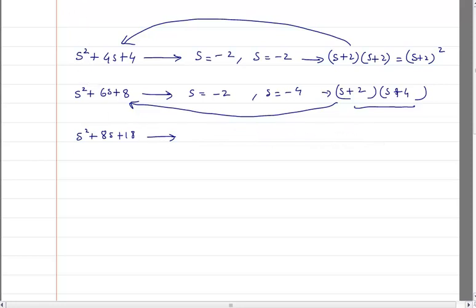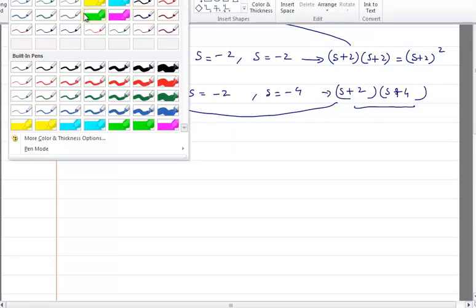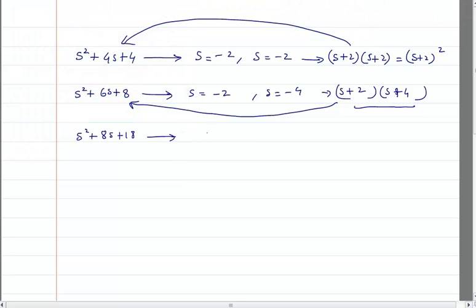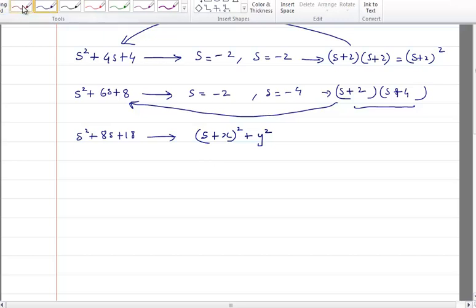Now the form that I want to bring this into is s plus x the whole square plus y square. I want to write it in this term. So first let me expand it and see how it will look. Let me use another color.